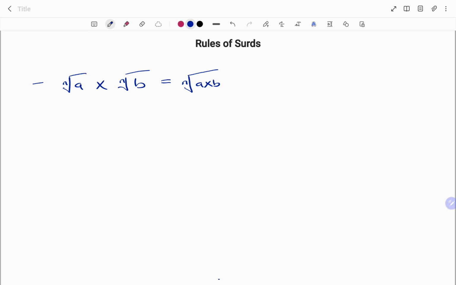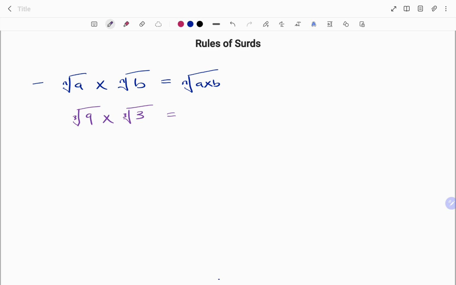If I have the cube root of 9 times the cube root of 3. Normally when they ask you these questions in your exam, they will tell you not to use your calculator. You can try it out. If you find the cube root of 9 or the cube root of 3, it will give you irrational numbers. However, you can apply the rule of surds.